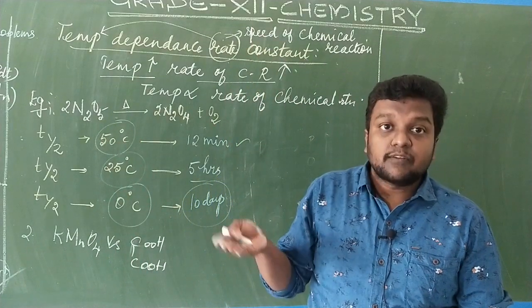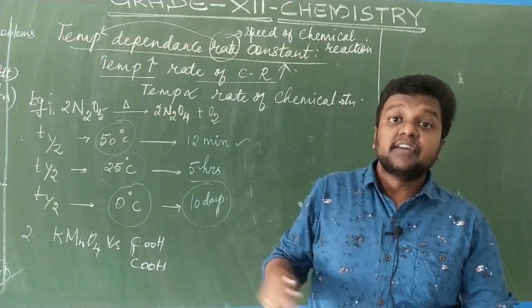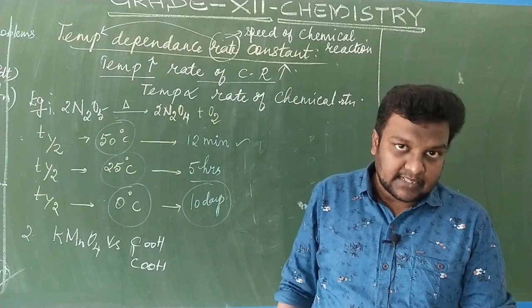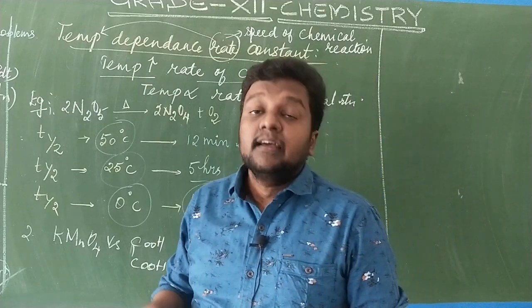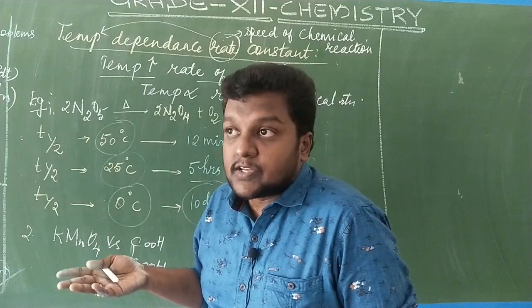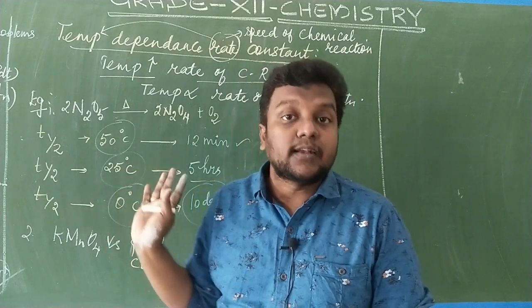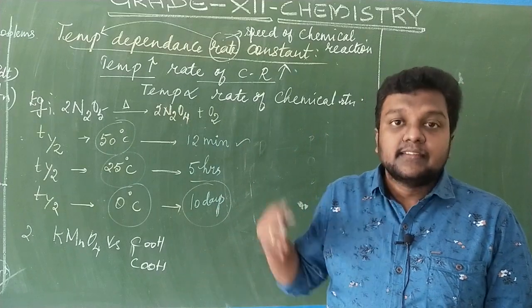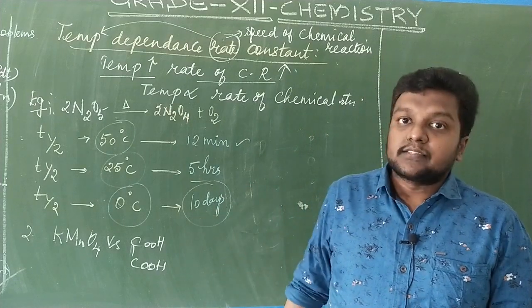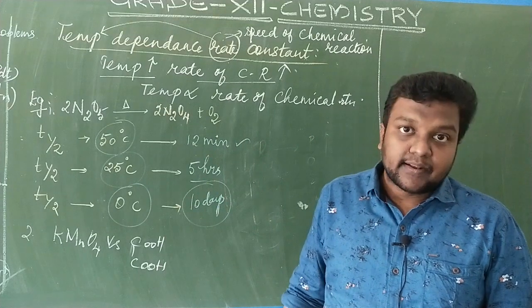The warmth condition of the oxalic acid has a tendency of decolorizing the potassium permanganate. Suppose the oxalic acid doesn't have the warmth condition, then the decolorization of the potassium permanganate will not take place, and we cannot find the concordant value. Understood?